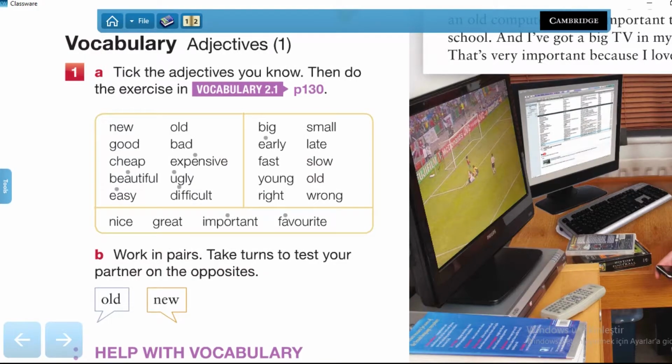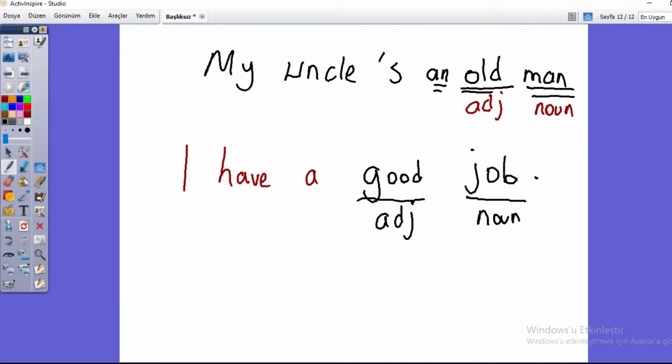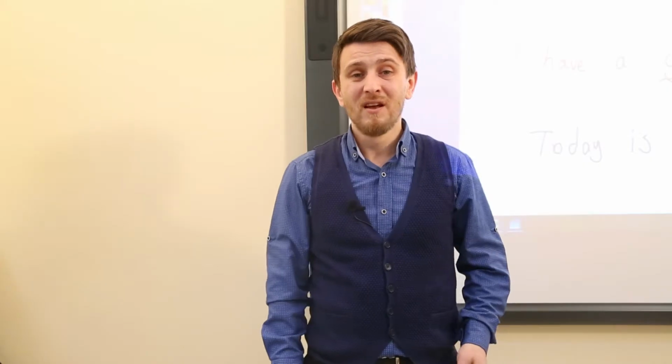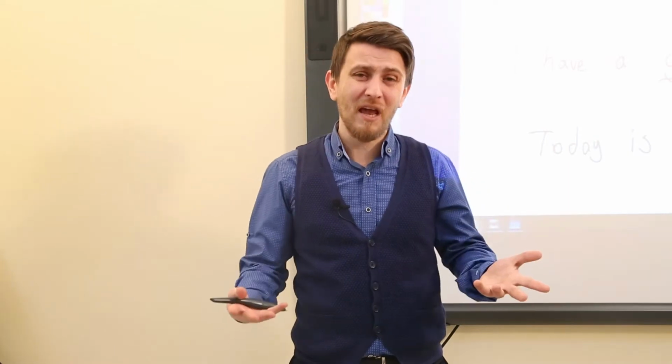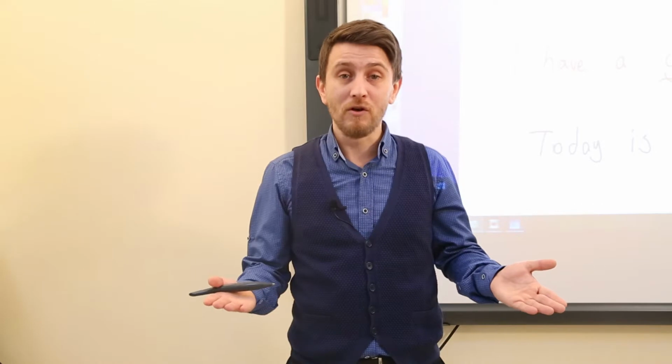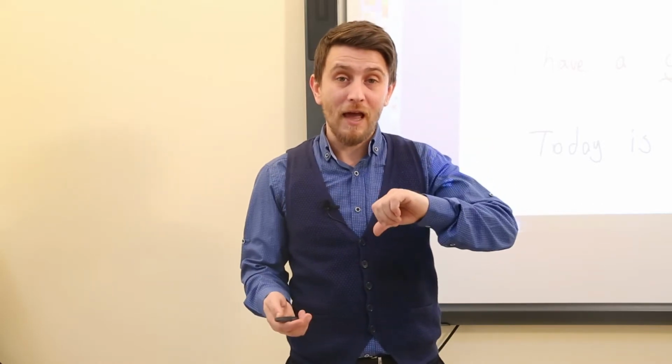The opposite of good is bad. For example, today is a bad day because the weather is really rainy. I don't like the rainy day, so today is a bad day.